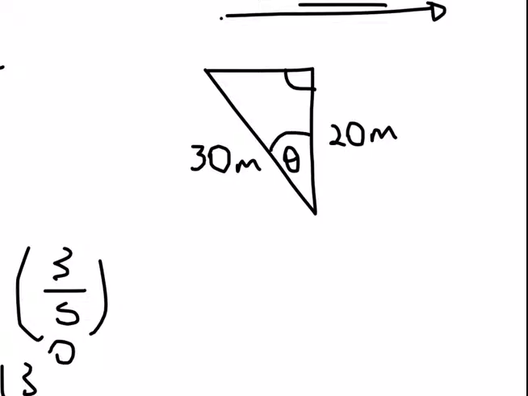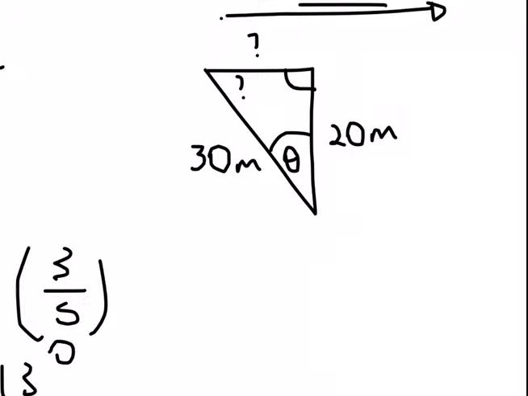The other unknowns are this side and also that angle. So if you have 2 sides and you want the other side, you can always use the theorem of Pythagoras. But if it involves the angles, then remember the cos, the tan, or the sine.